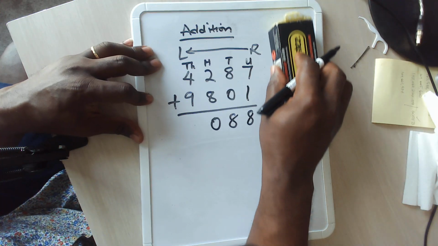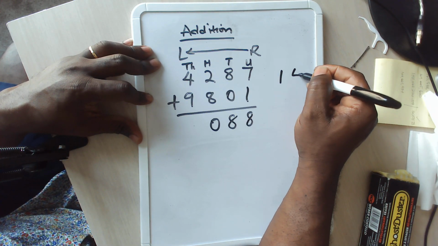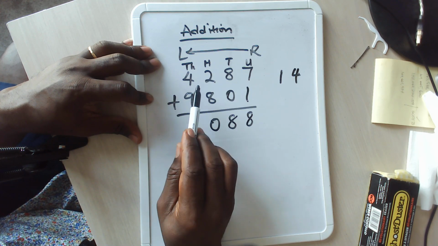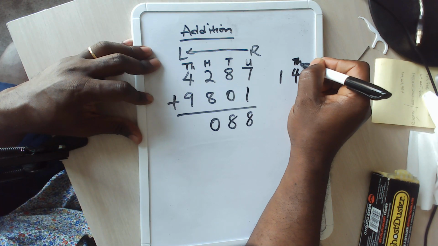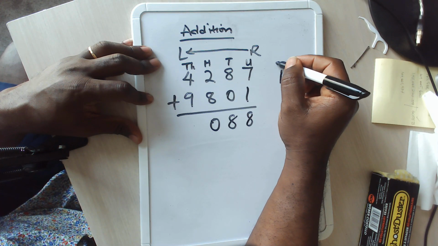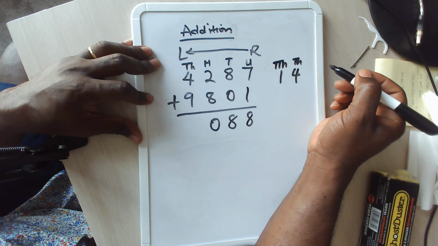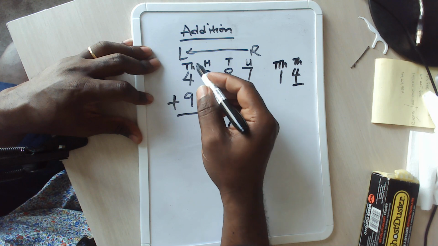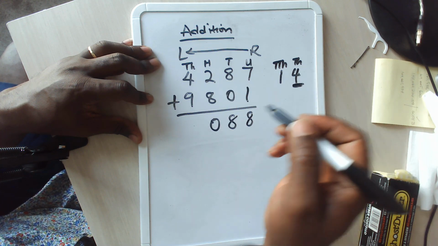Again, if you write 14, don't forget that the column we are adding is the unit of thousands, so at the right here you have the unit of thousand, and automatically this becomes the unit of 10,000. So under the column of unit of thousands, you write 4 and you carry 1.